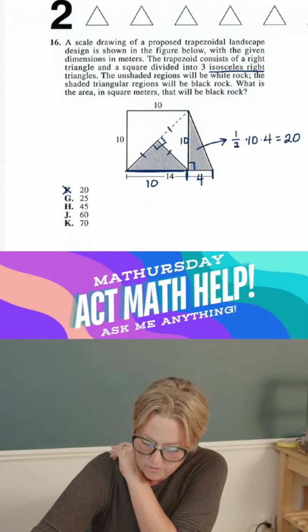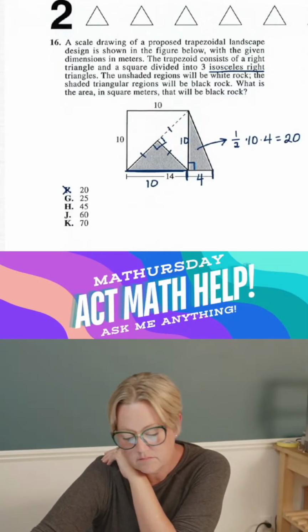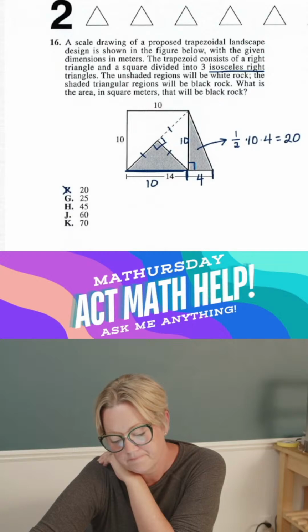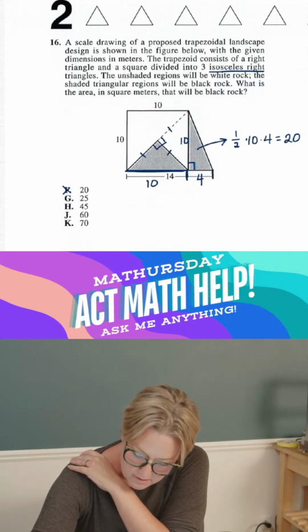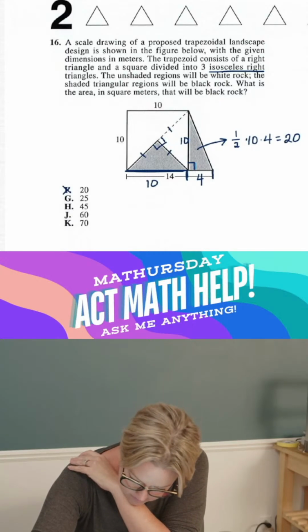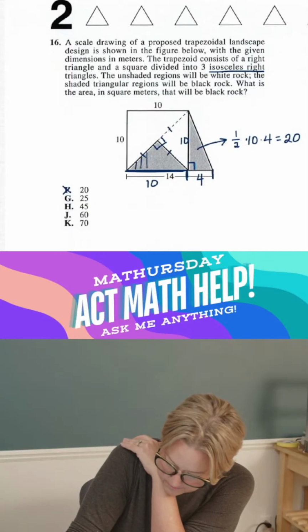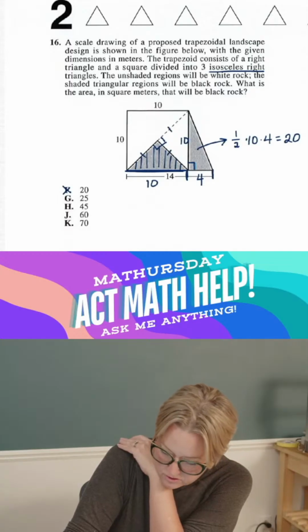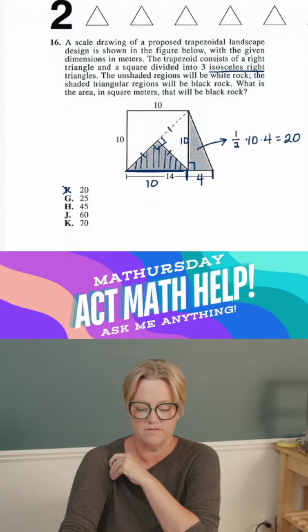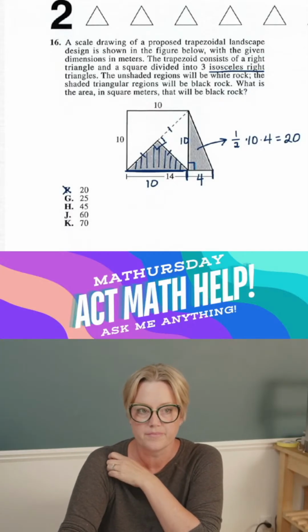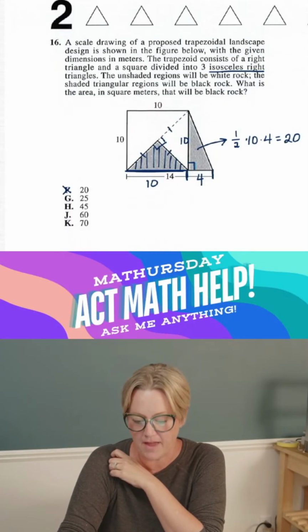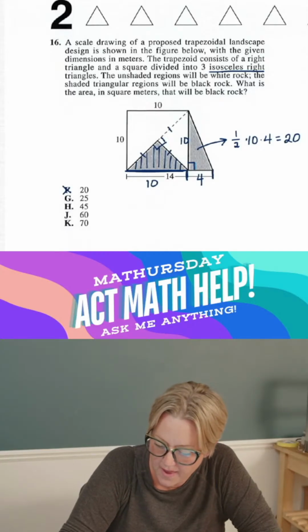Now here, oh, actually, so this triangle here, the area of that triangle is going to be 1/4 of the area of the whole square, because it's a half of a half.